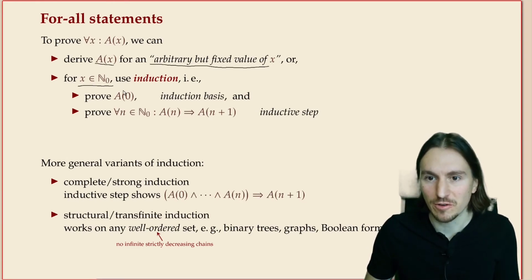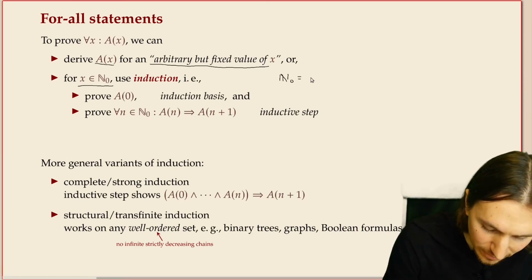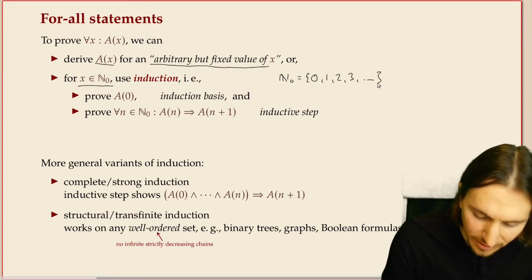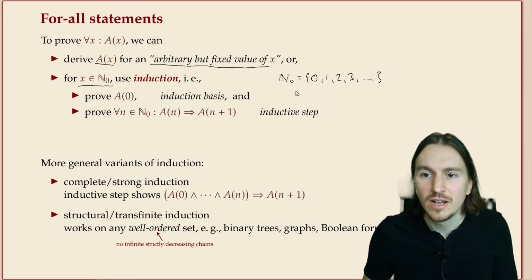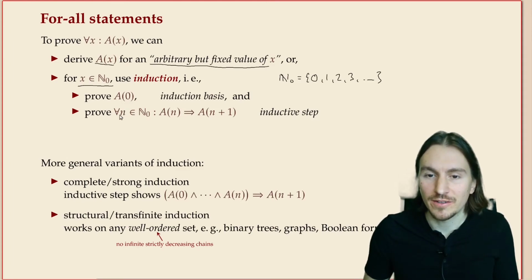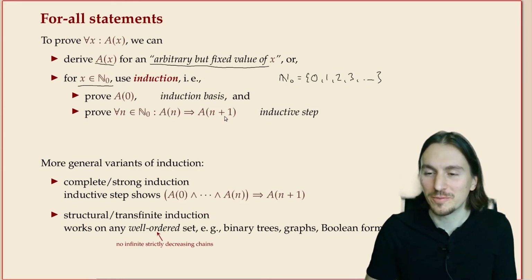So that's the numbers 0, 1, 2, and so on, arbitrarily big, including the 0. You show that the statement is true for 0, and you show a different all quantified statement. You show for every n it's true that if a of n holds, then also a of n plus 1 is true. And that's the inductive step.